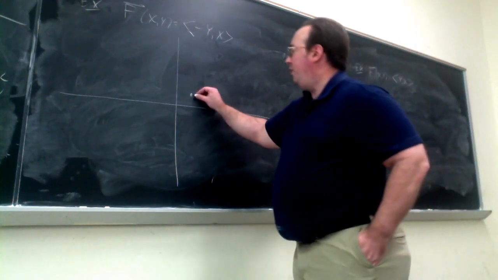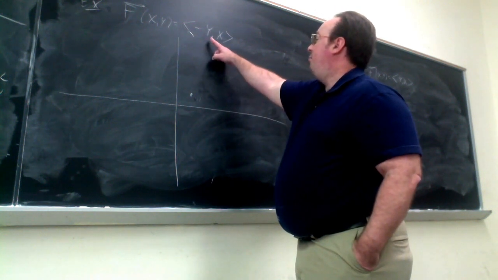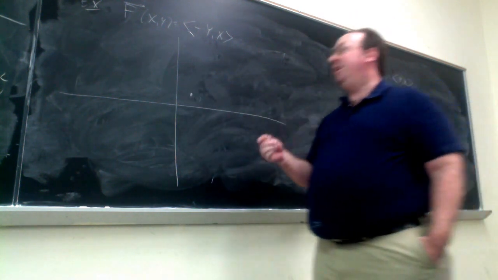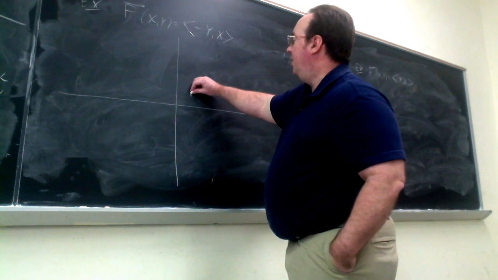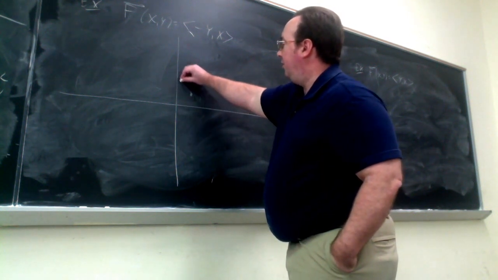So here's my point 1, 1, and I plug it in and I get minus 1, 1. So starting from here, I'm going to go in that direction indicated by that vector, minus 1, 1. So I need to go 1 to the left and 1 up. So it's going to look like that.